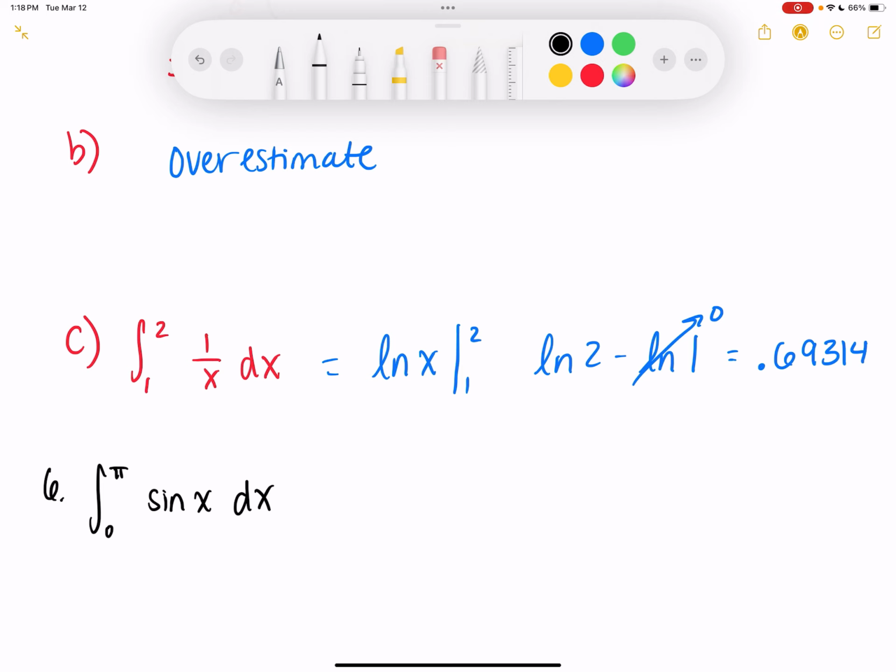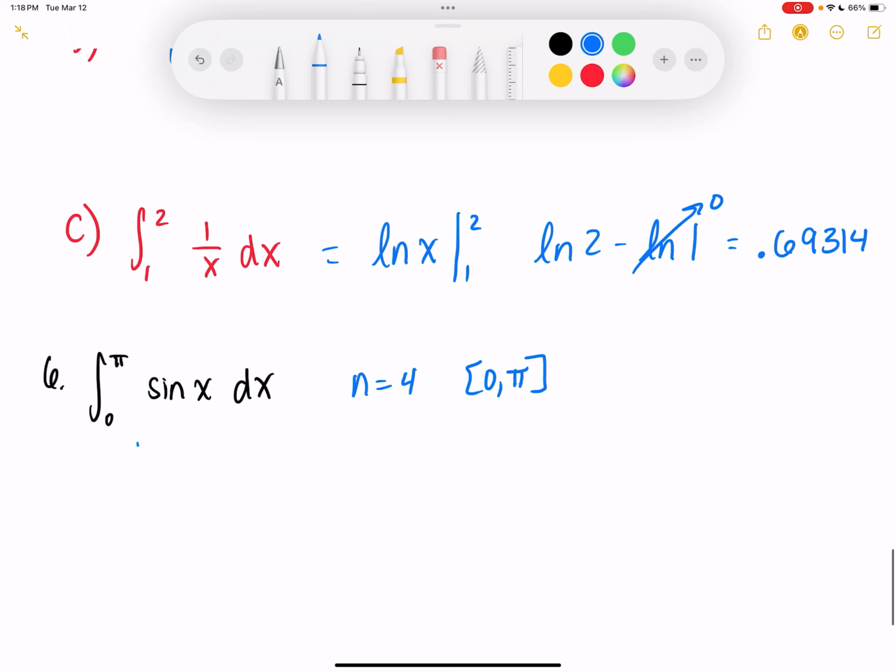So n is 4, interval is 0 to pi. So what is h? Pi over 2. Yeah, 4. So pi over 4.